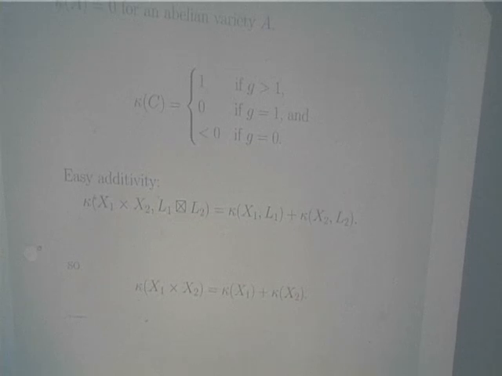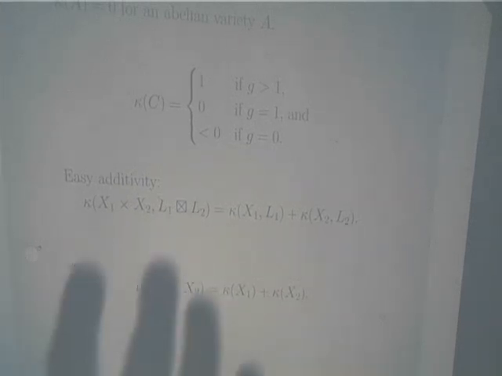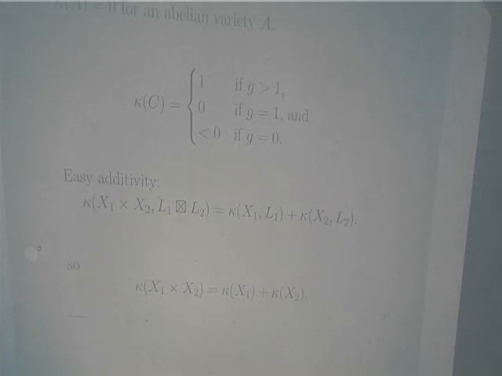That's called the exterior tensor product. Then the Kodaira dimension of the product with the exterior product line bundle is the sum of the Kodaira dimensions. That's called the easy additivity theorem. This is not as hard as the previous exercises. In particular, the Kodaira dimension of a product variety is the sum of the Kodaira dimensions.